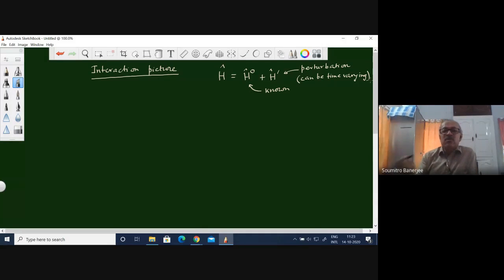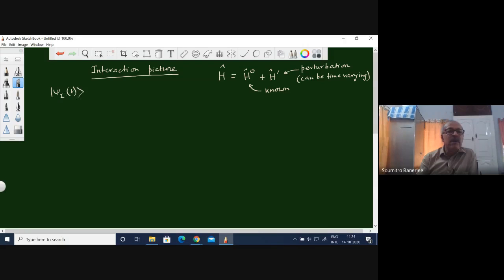This is a standard setting in which we do the perturbation theory calculations, and the interaction picture comes in handy. So therefore, I'll just give a brief exposure to what the interaction picture is. There, the formalism is somewhat similar to what we do in case of the Heisenberg picture, where your psi, in this case, I will designate by the I subscript, which will mean the interaction picture.